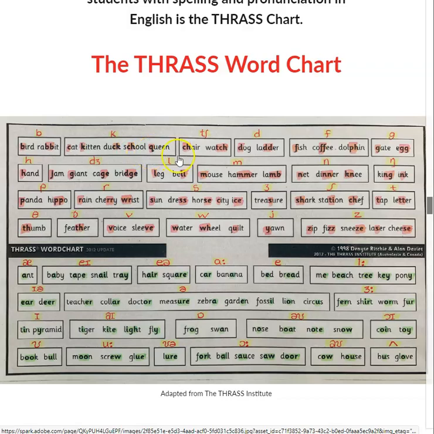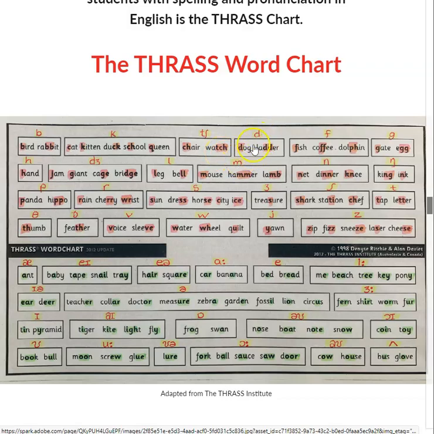And then if we look at the next phoneme box, which is the Ch phoneme box, whenever we hear the phoneme Ch, it's usually spelt with a CH like chair or TCH like watch.